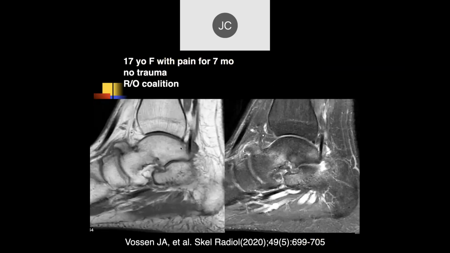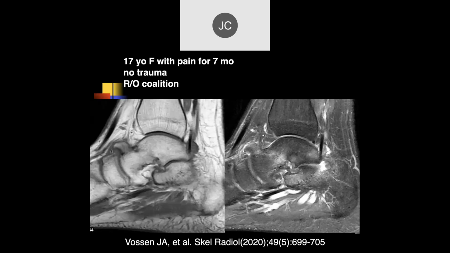Okay, Robert. All right, so we have a 17-year-old with pain for 7 months, no trauma, rule out coalition. Looking at the anterior talus, it looks like there's a prominent talar beak. Yep. Some edema associated with that, and then there's a lot of edema about that subtalar joint as well. Right.